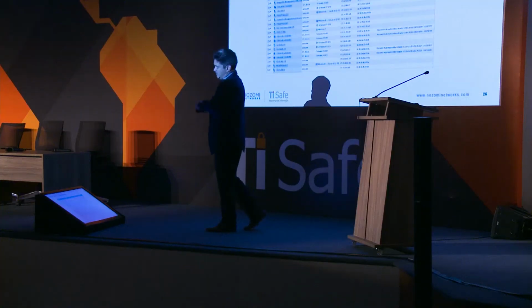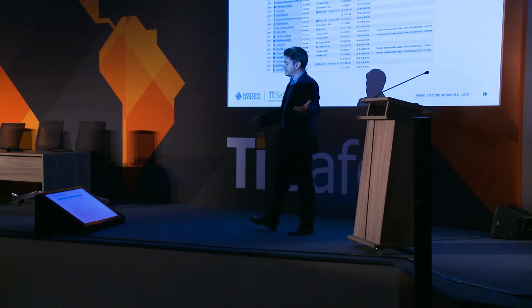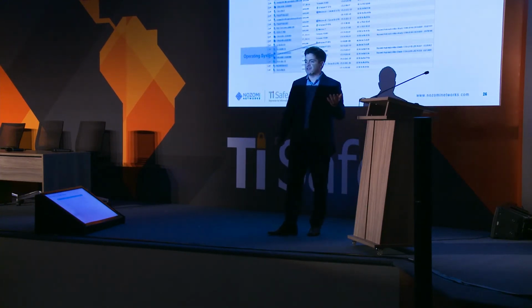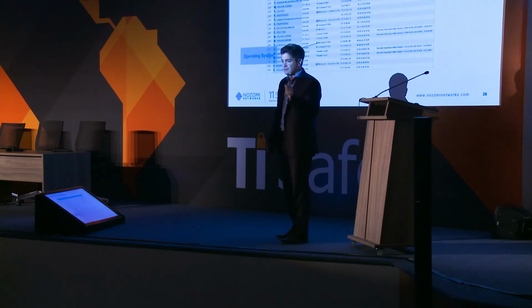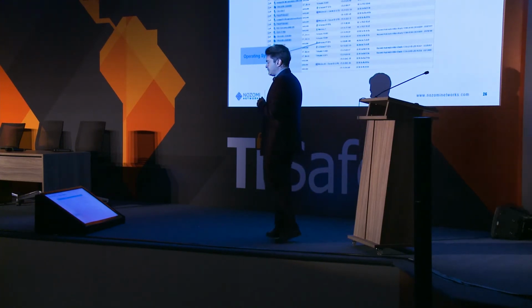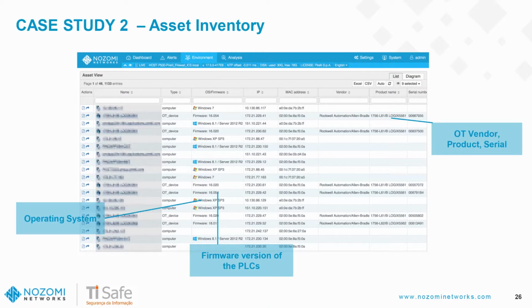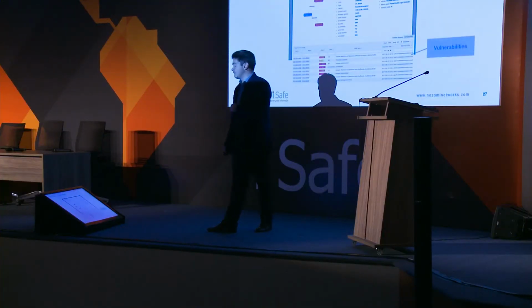So very similarly, once the network has discovered the different assets, you can have a list of all your assets where you have operating system, if those are Windows servers or endpoints, or firmware, if those are PLCs or RTUs or whatever they are. You can have vendor information, product, serial number. You can dive into the details to learn vulnerabilities.